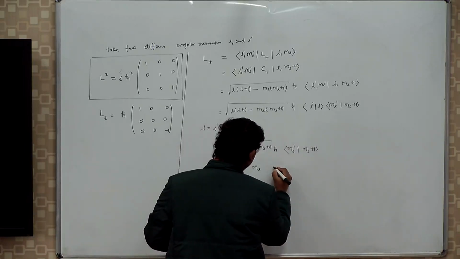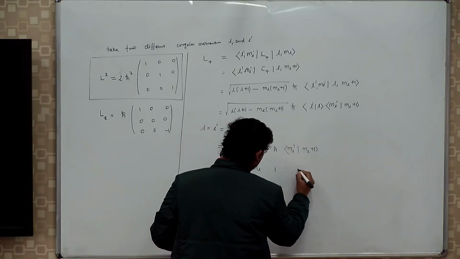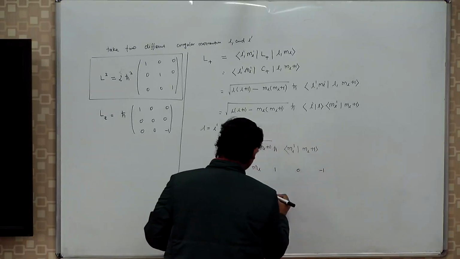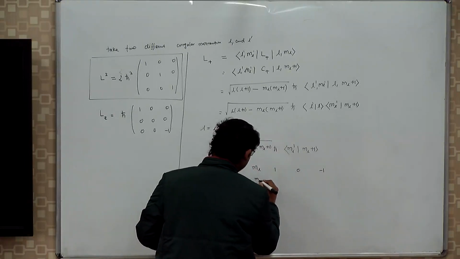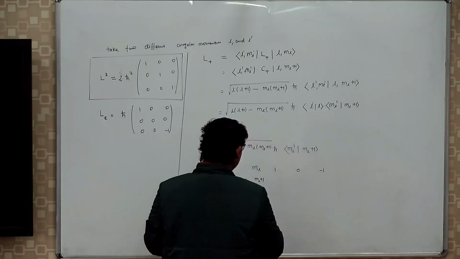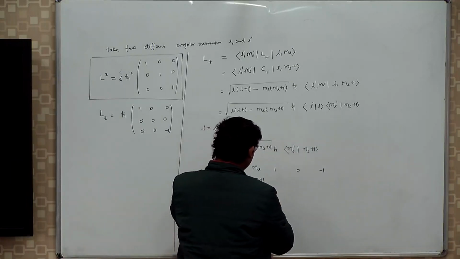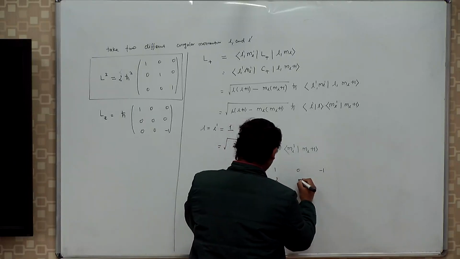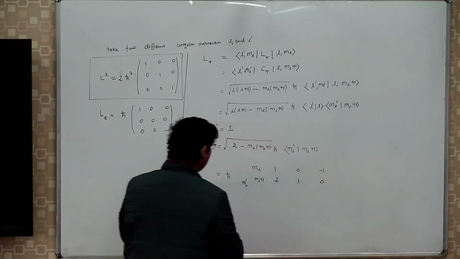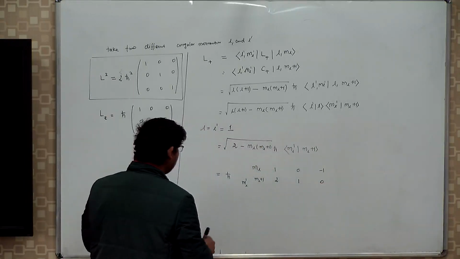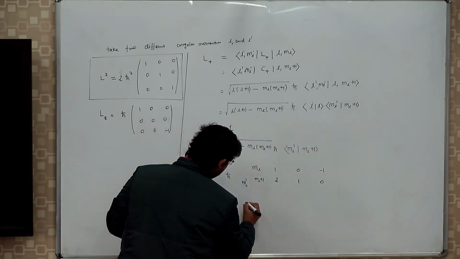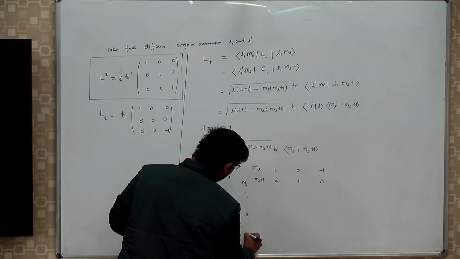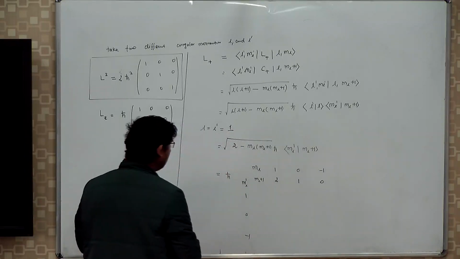If mL is 1, 0, minus 1, then we have to write mL plus 1, so mL plus 1 is nothing but 2, 1, 0, and mL value is 1, 0, minus 1.